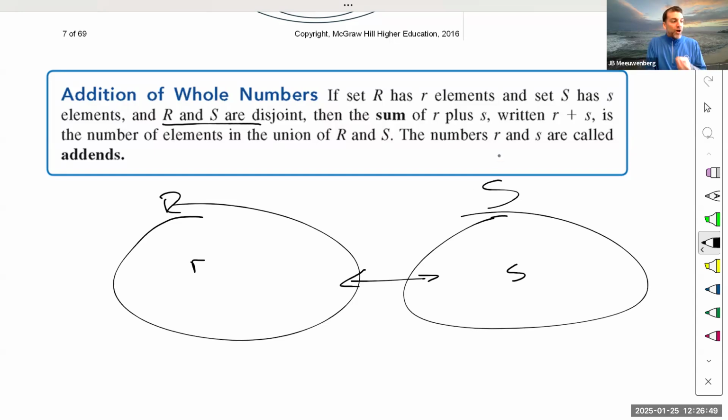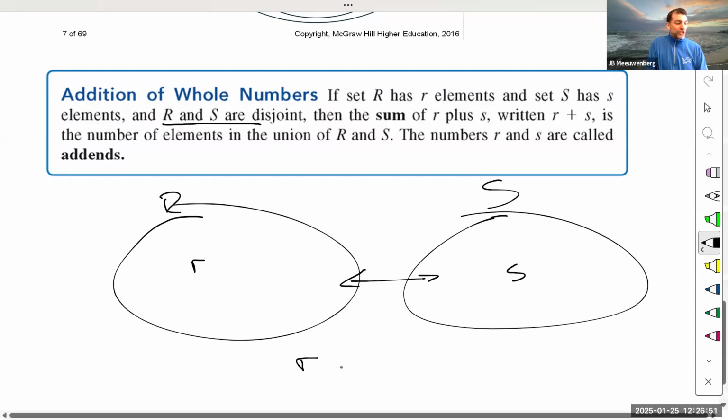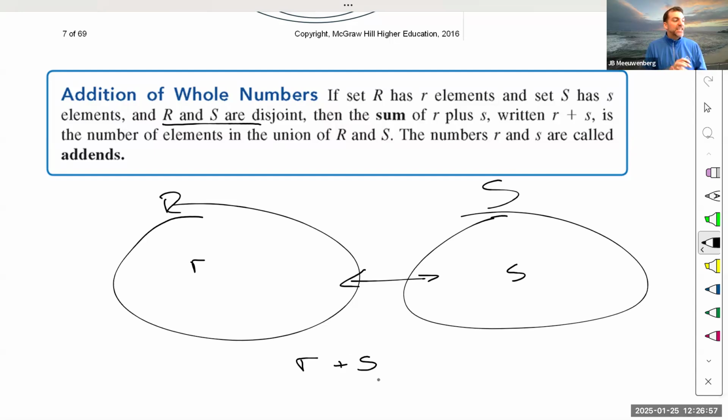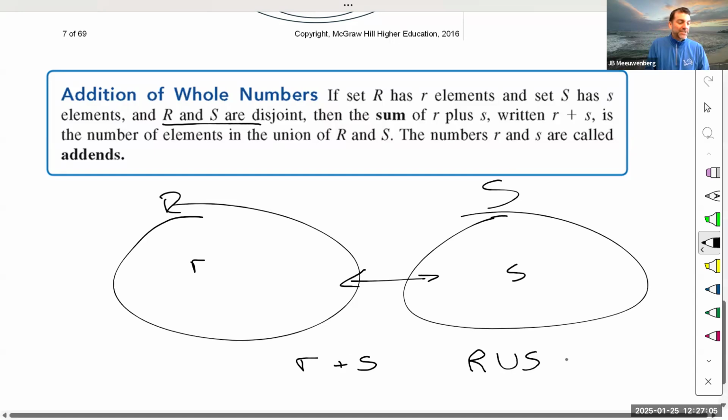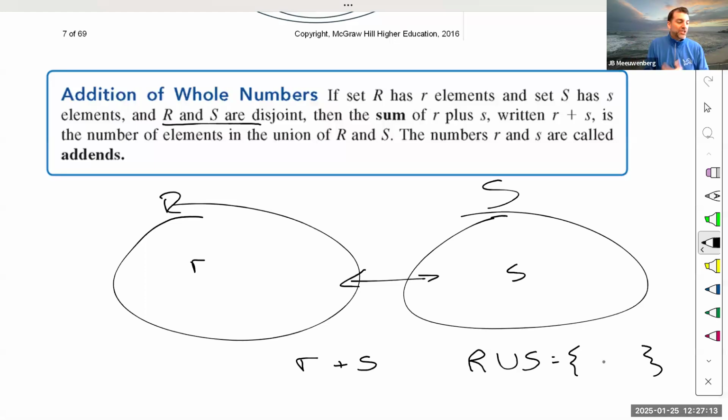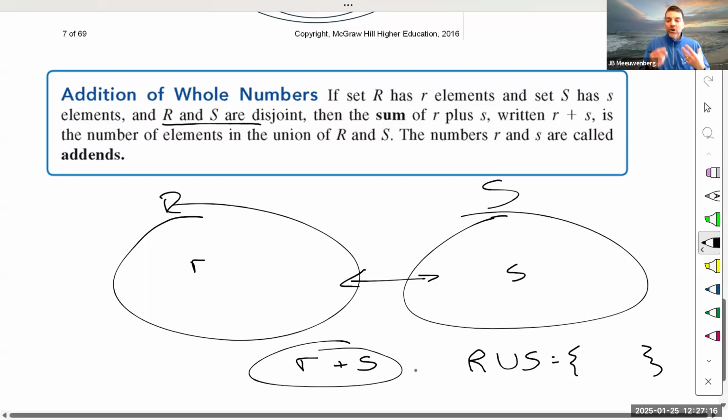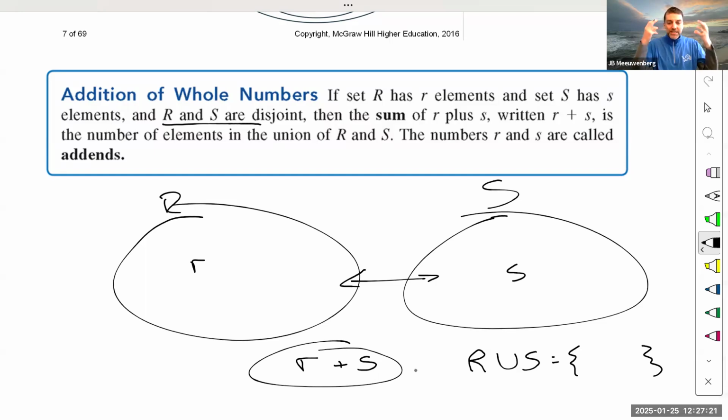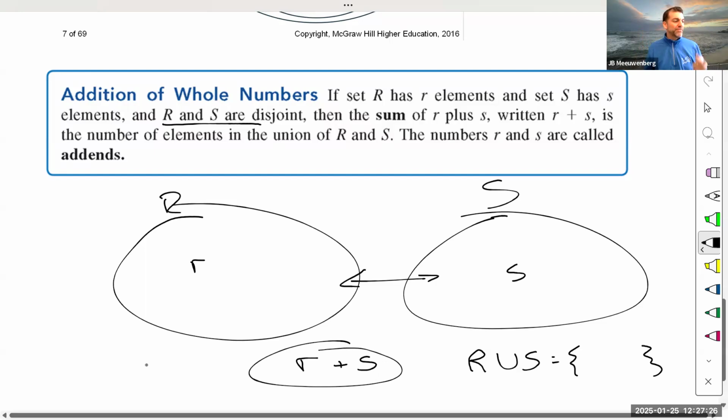Then the sum of R plus S, which symbolically we write like that, lowercase r plus lowercase s, is the number of elements in the union of R and S. If you take R union S, you're going to have some set with a number of elements, and it's going to be however many are in the set of R plus S, lowercase, right? So we start to define a process, a mathematical operation, in terms of sets.